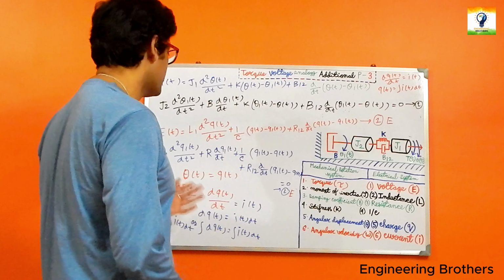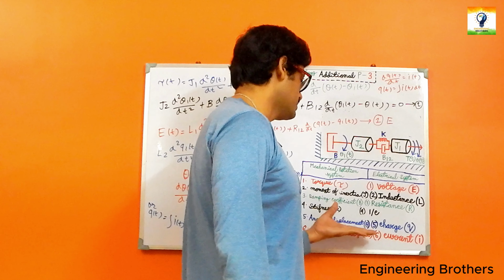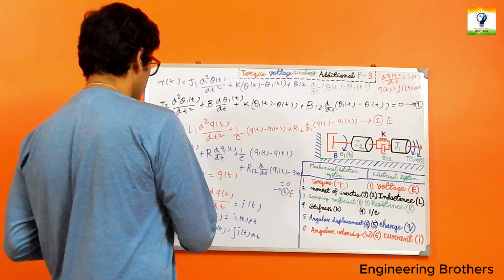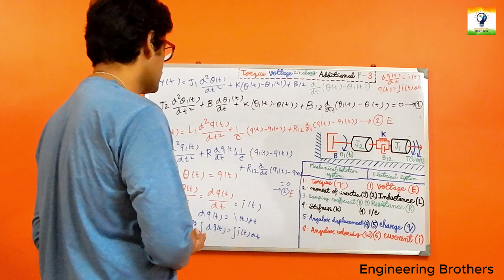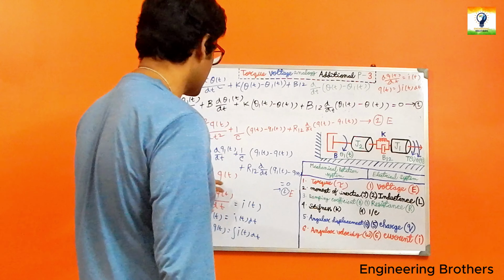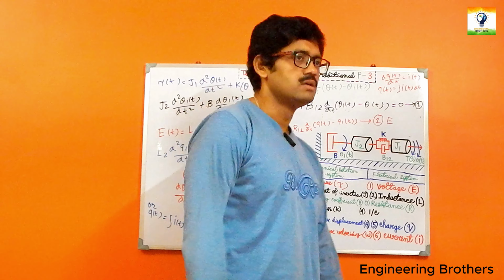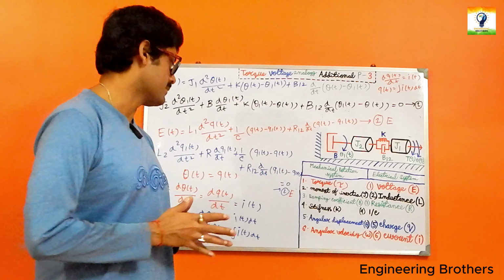I have utilized our analogous chart, in which the angular displacement parameter is analogous to charge. Now, if you take the derivative on both sides with respect to time, we get d theta by dt, which is equal to dq2 by dt, and this is the exact definition of our current i(t), because the current is the rate of change of charge with respect to time.